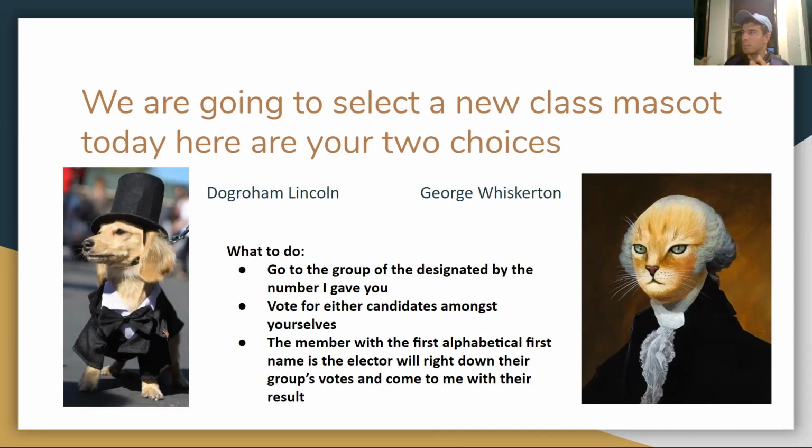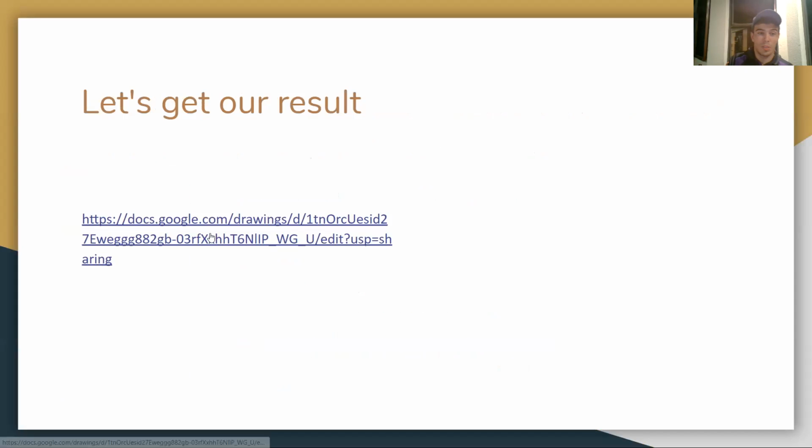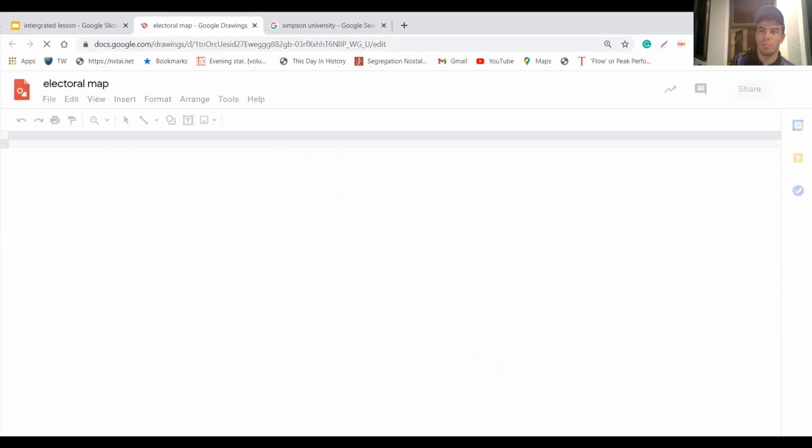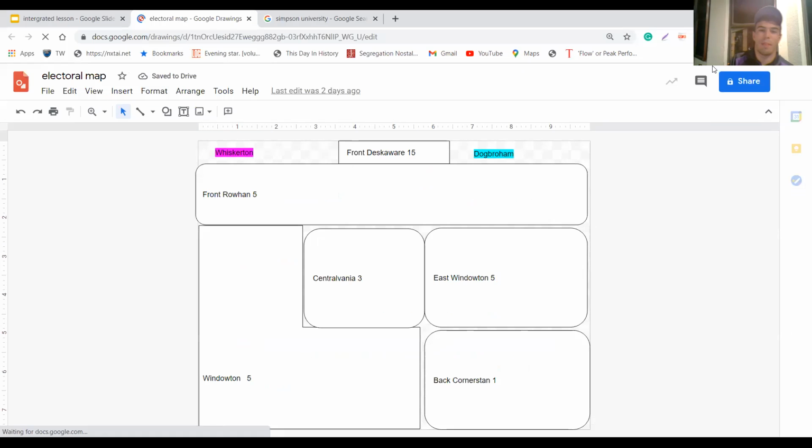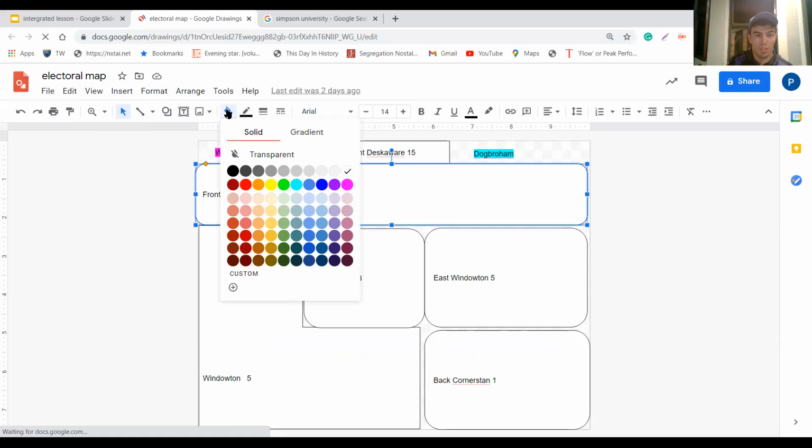All right, now that I've given you guys a few minutes, you've probably all voted by now. Let's get a result. All right. I just got the last sheet in from the last group, and we are ready to fill out our map. Now, let's see. Okay, here's the sheet for front row hand. Okay. So it looks like they went for Whiskerton.